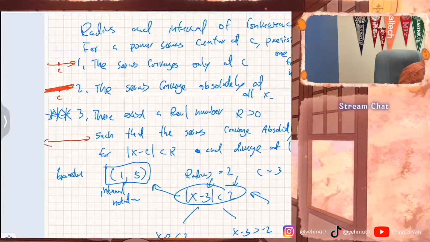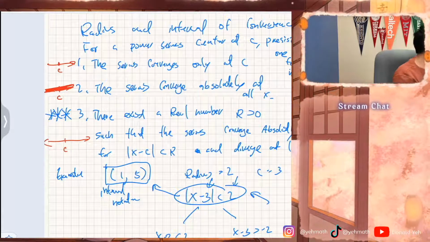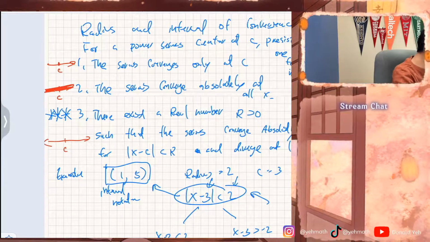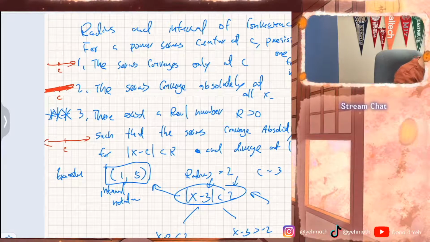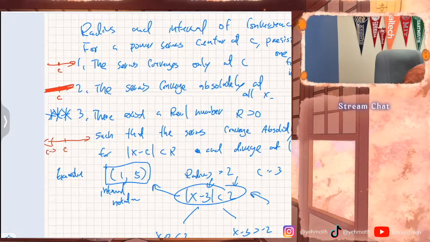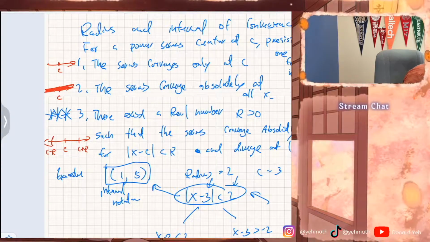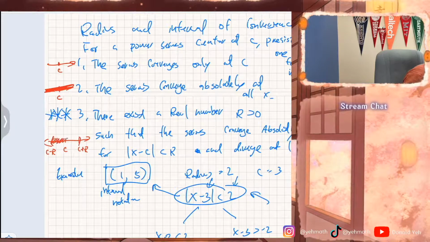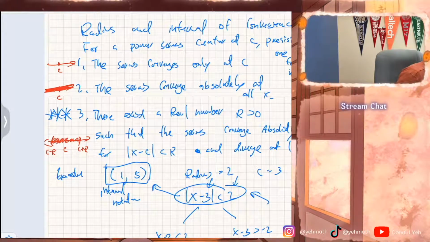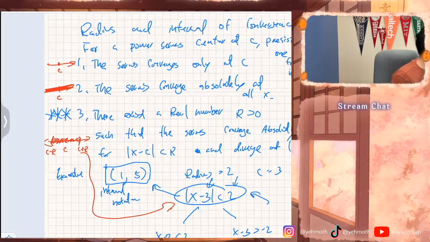If it's a 3, then you have a C, and C is some value right in the middle of 2 endpoints. So this is C minus R, and this is C plus R. Those are the interval of convergence right here, and this can be represented using |x minus C| less than R.